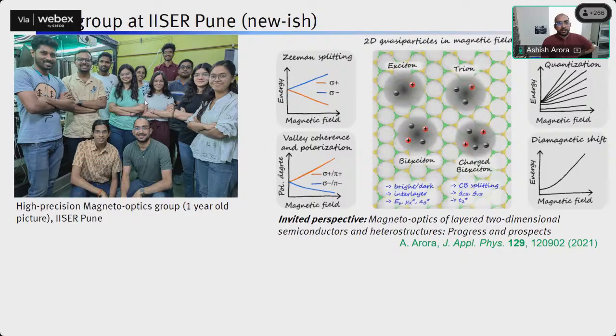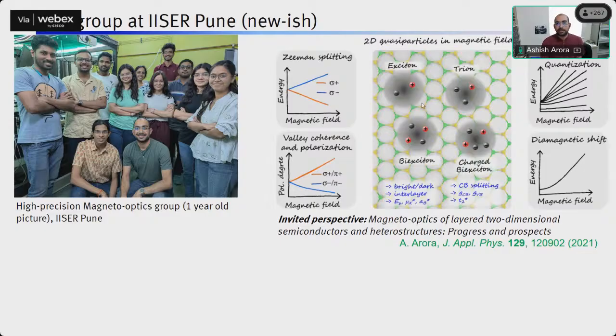So we have 6 PhD students, 3 postdoctoral researchers. We have master students, 4 bachelor master students, and we work on investigating these two-dimensional quasi-particles in magnetic field.